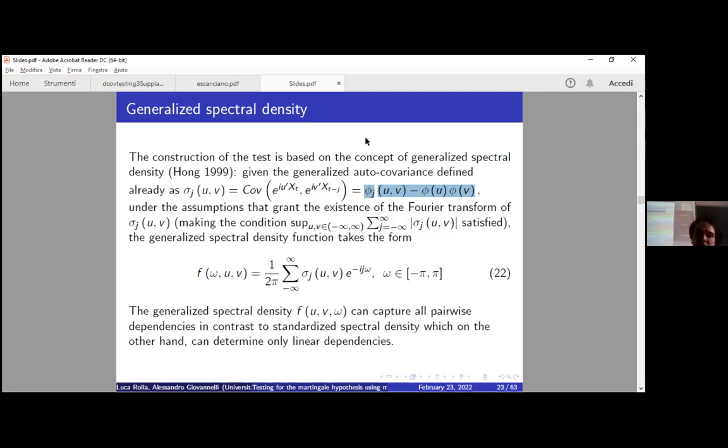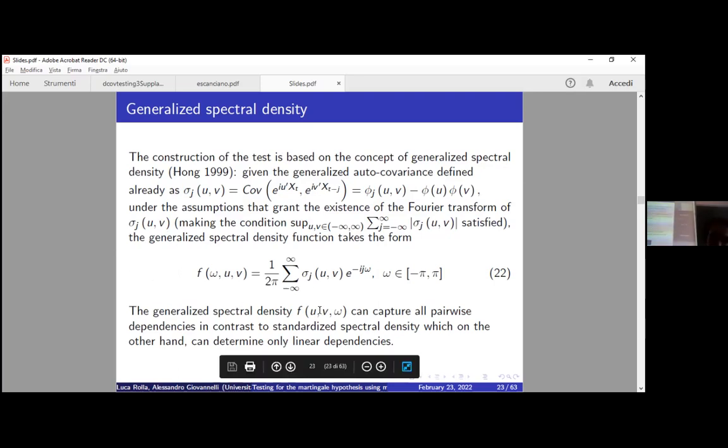Basically, what it does is to consider a Fourier transform of this generalized covariance. And under this condition, it gives us a definition of the generalized spectral density, represented here.